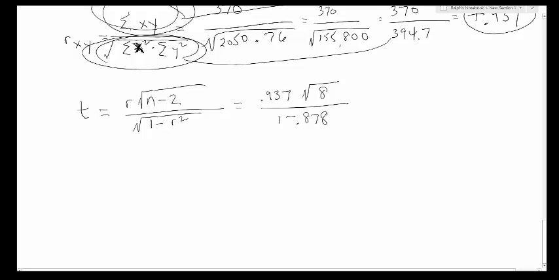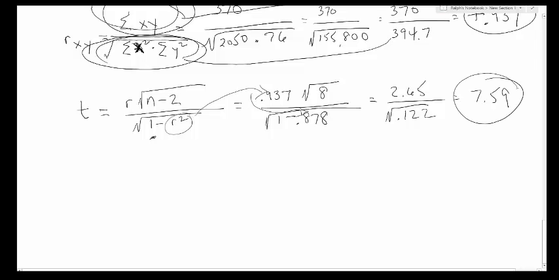So it's 1 minus this number, R squared, and then we want to take the square root of that. So that equals, if you do the arithmetic, 2.65, and in the denominator, it's the square root of 0.122, which equals a t of 7.59.